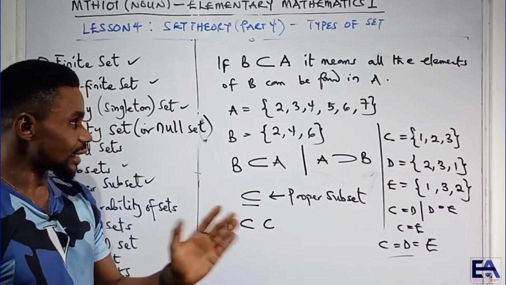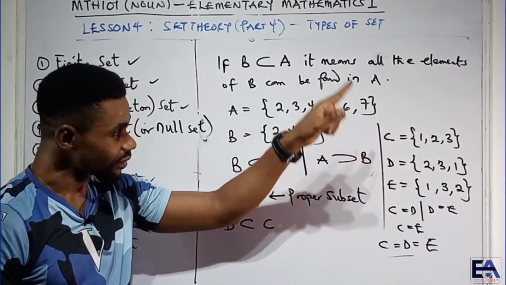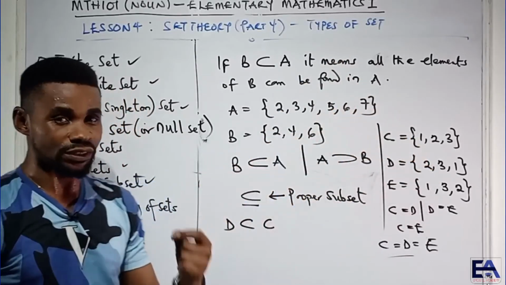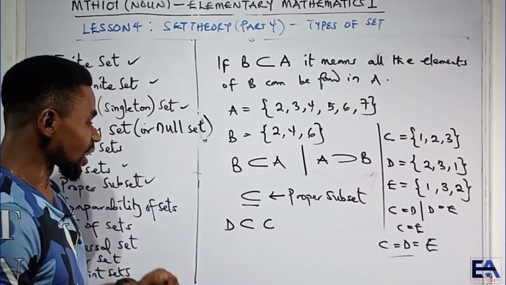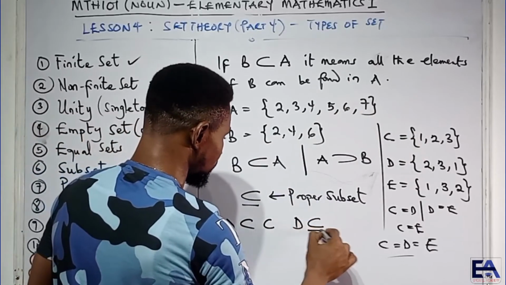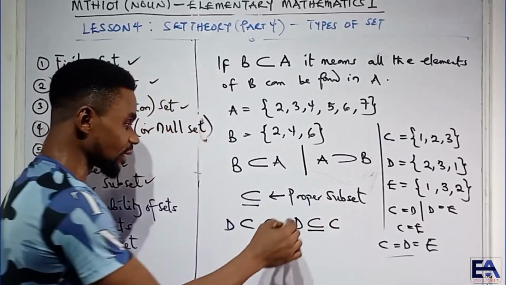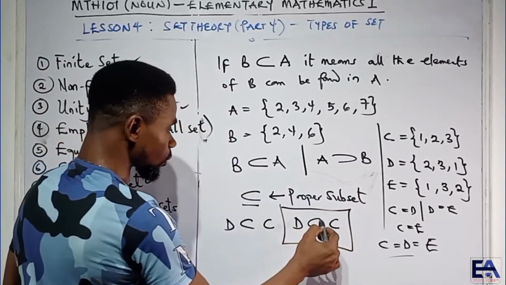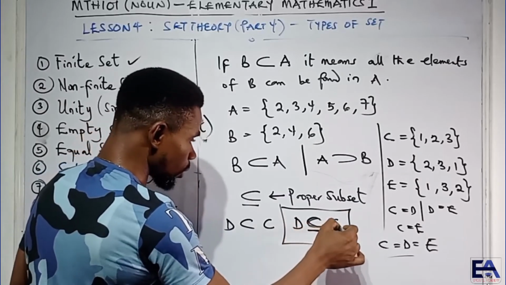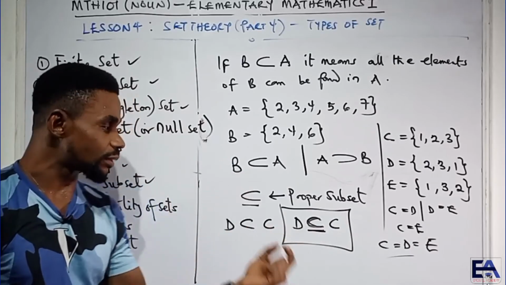So D is a subset of C, and D is also equal to C. So in that situation, we can say that D is a subset of C, reason being that D is a subset of C and also D is equal to C. It carries that equality property.